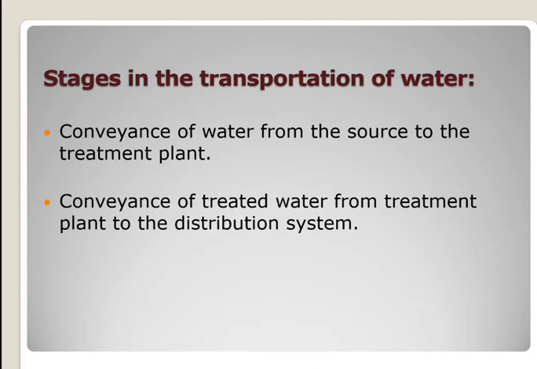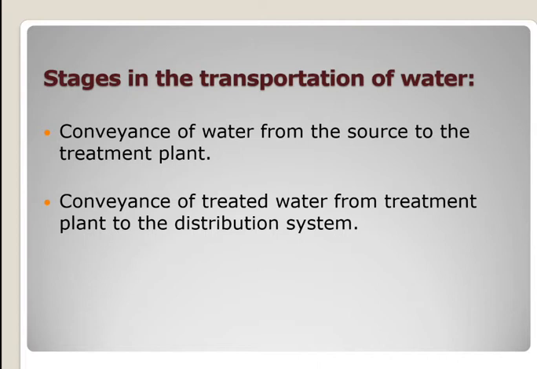Now coming to the second stage, that is the conveyance of treated water from the treatment plant to the distribution system. In this stage, water transmission may either be by pumping into an overhead tank.